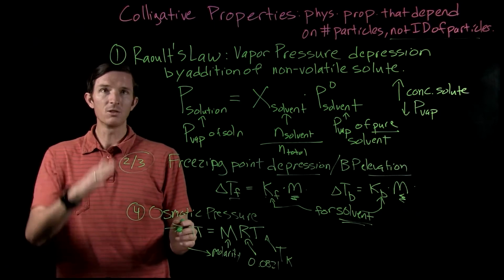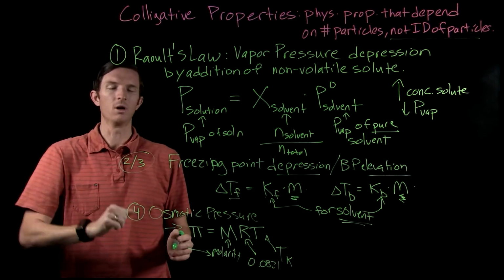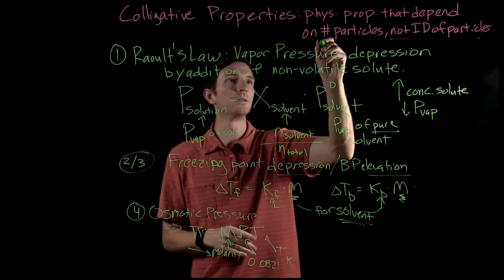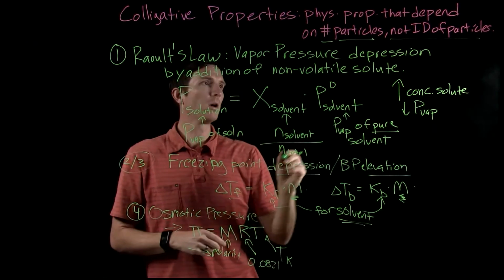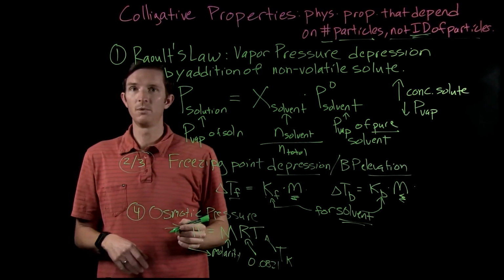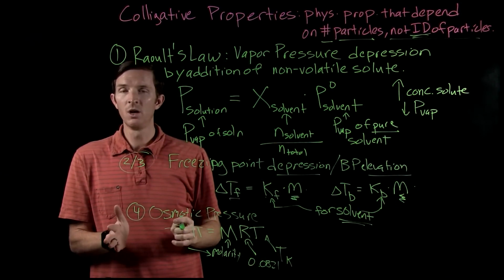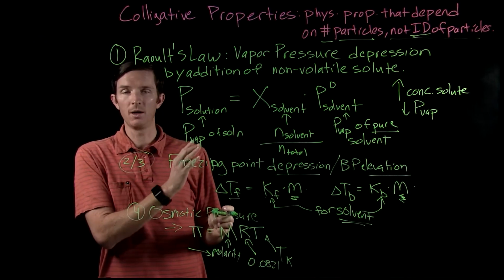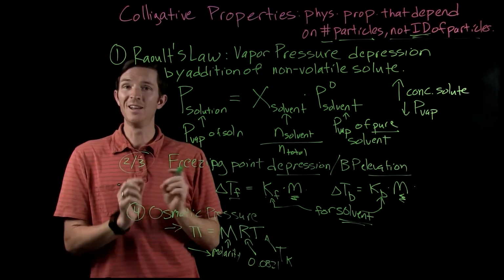Okay, so I just wanted to give us an overview of these colligative properties and really emphasize that it's dependent on the number of particles, not on what's actually dissolved. If I have 2 moles of ions, or 2 moles of a molecular compound like sugar, it doesn't matter.